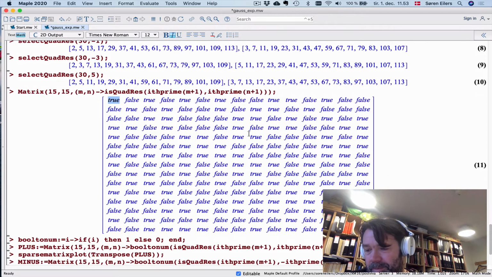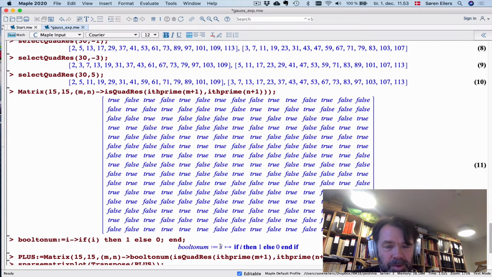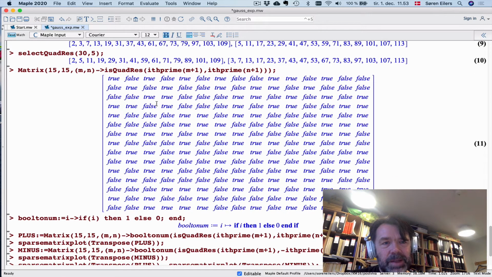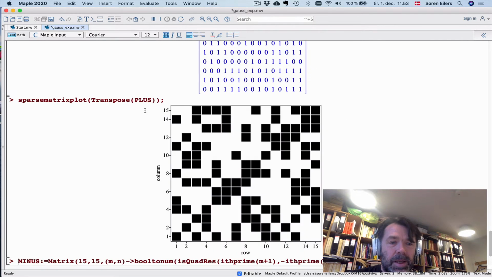Now, because my program returns true or false, it's not so easy to see what's going on here, so I make a little program that replaces every true with a 1 and every false with a 0, and then I substitute that in, and now I can make a drawing.